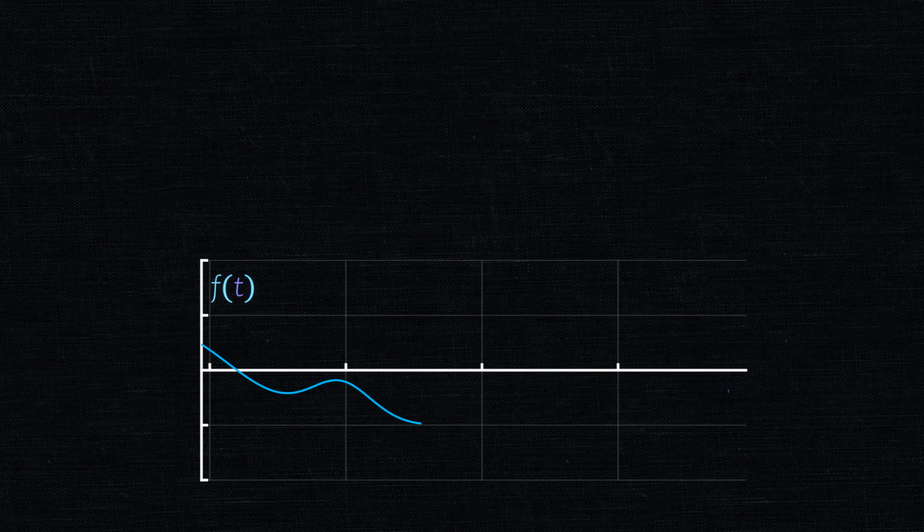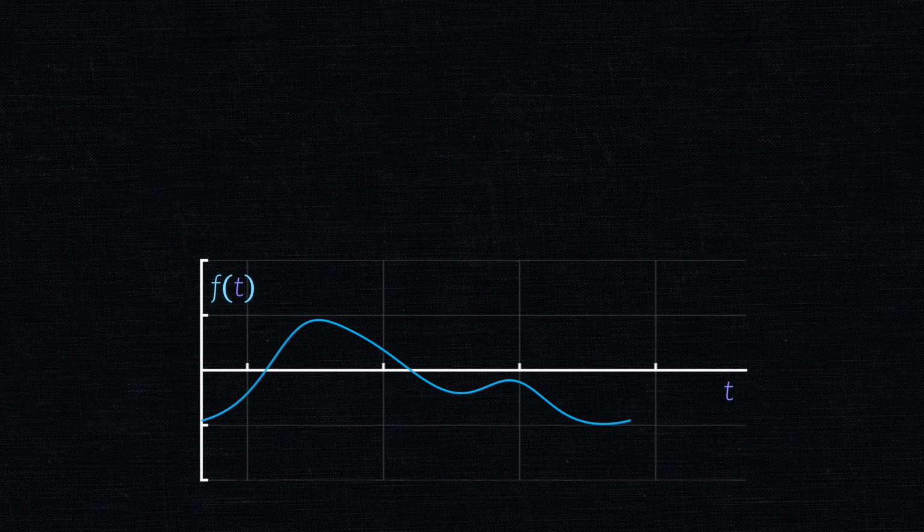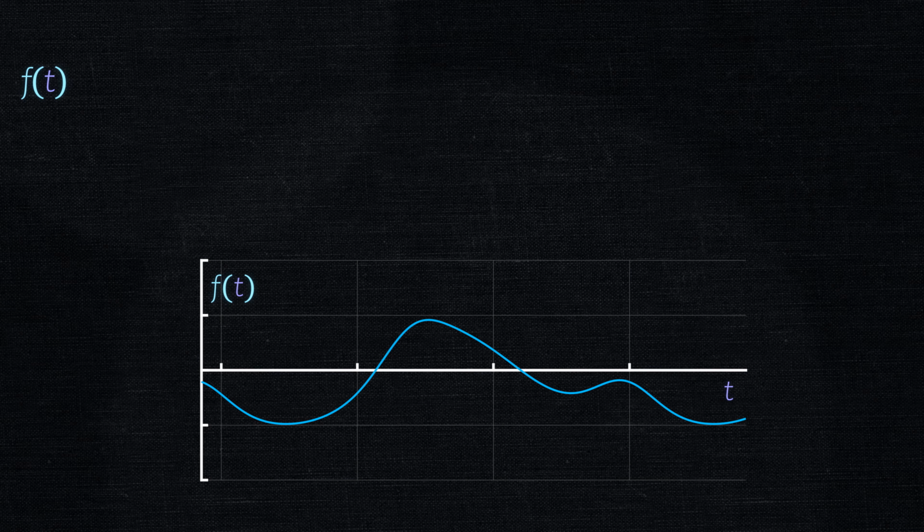Simplification, or fitting the process into understandable and manageable concepts, is an essential part of math, in which derivatives have a special place. Suppose we have a function f of t, and we want to approximate it at a given point t0.